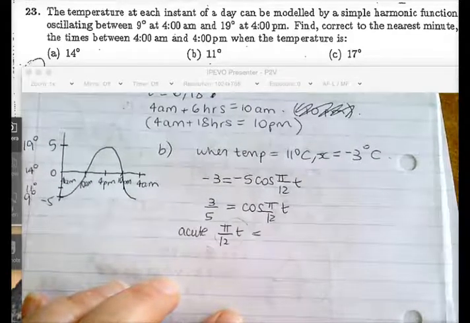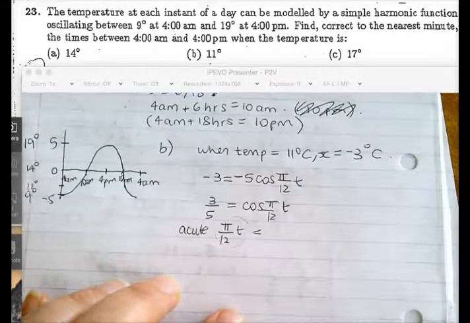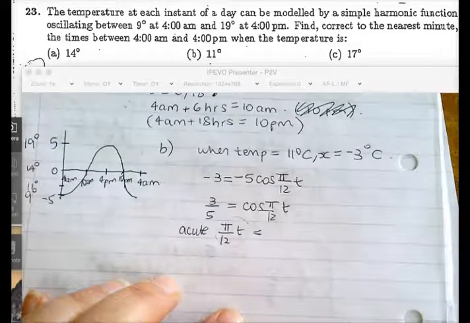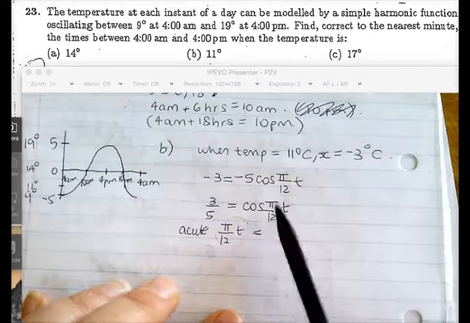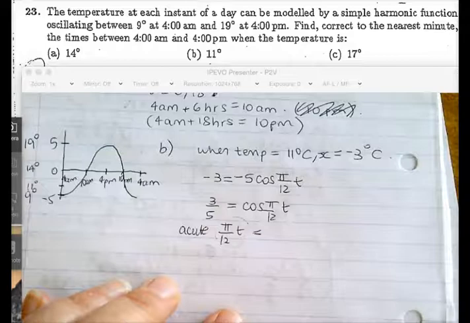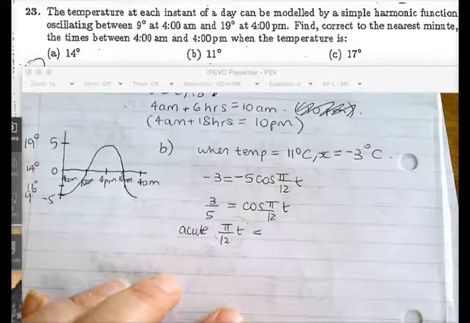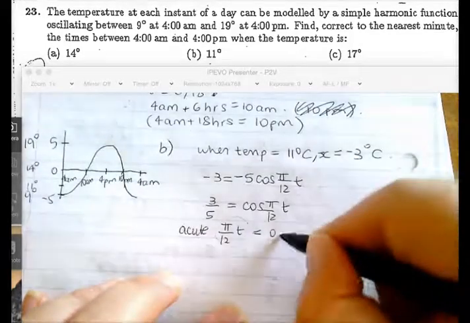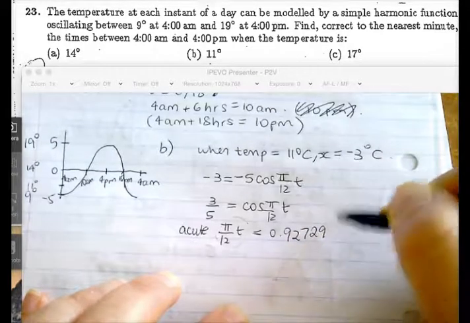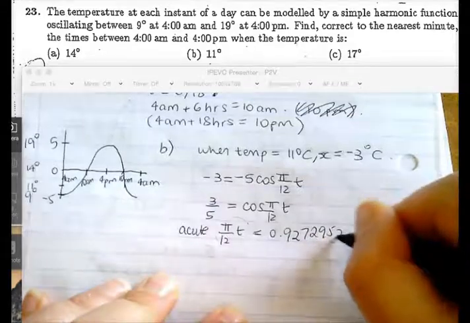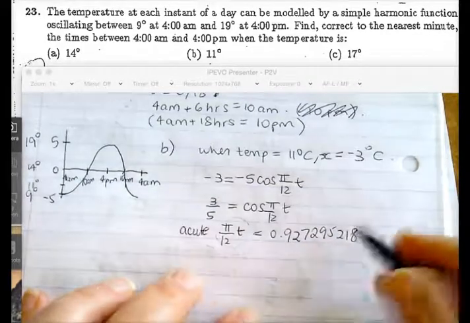Can I have an answer, please? I want it in radians. Why do I want it in radians? Because the pi on 12 is radians. You should be getting 0.92725295218, I think.